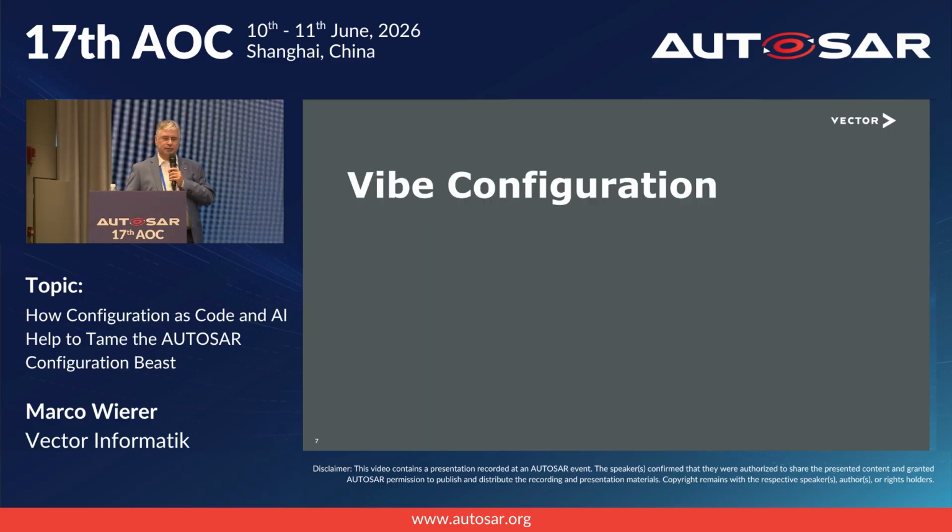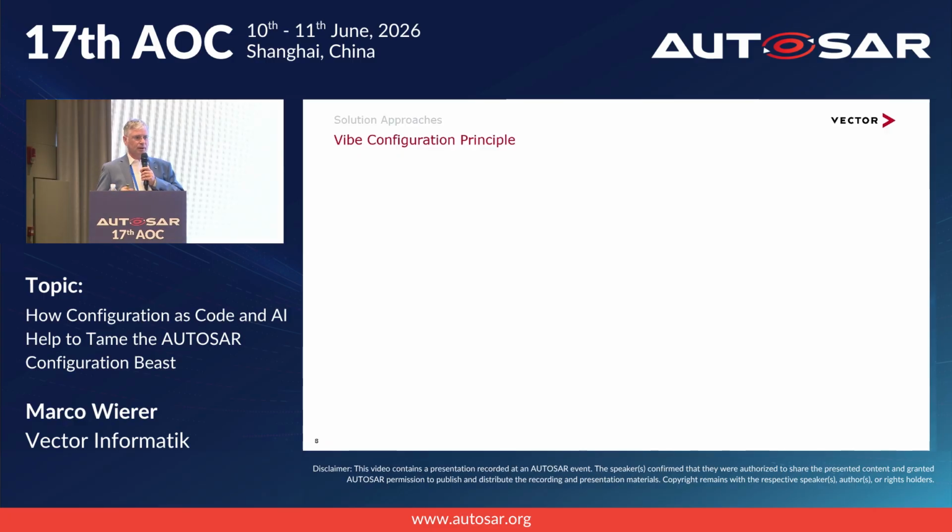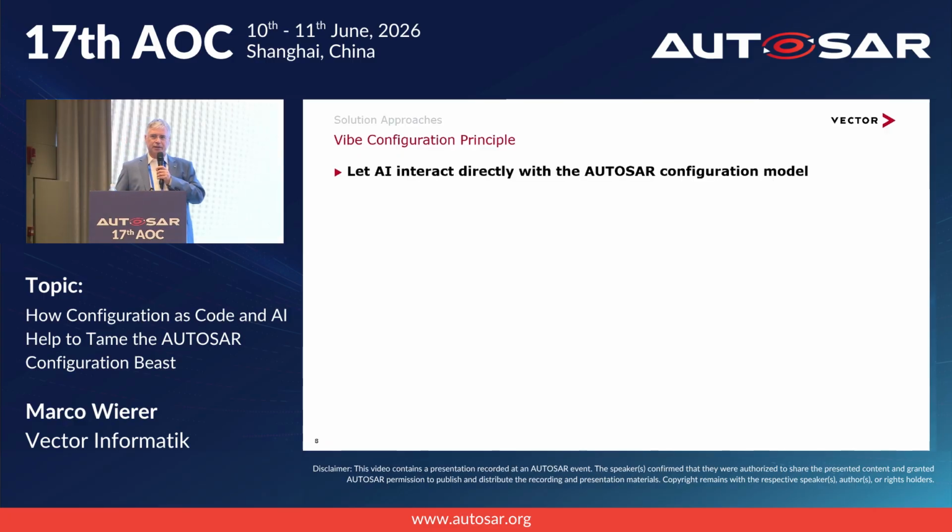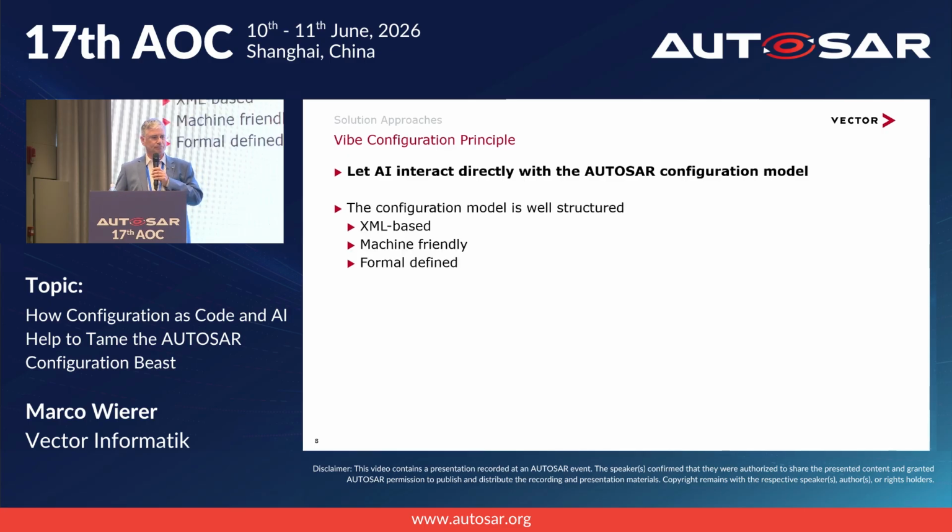The first one is what we call vibe configuration. The idea of what we call a vibe configuration with AI is that we directly let AI interact with the AutoSAR configuration model. At first, this seems like a very sensible approach.